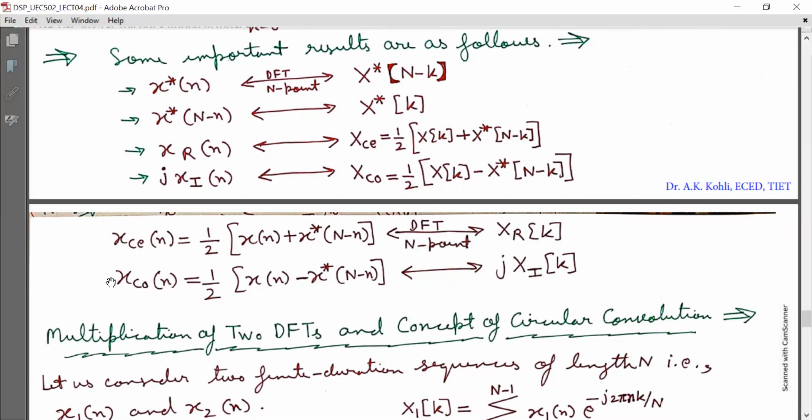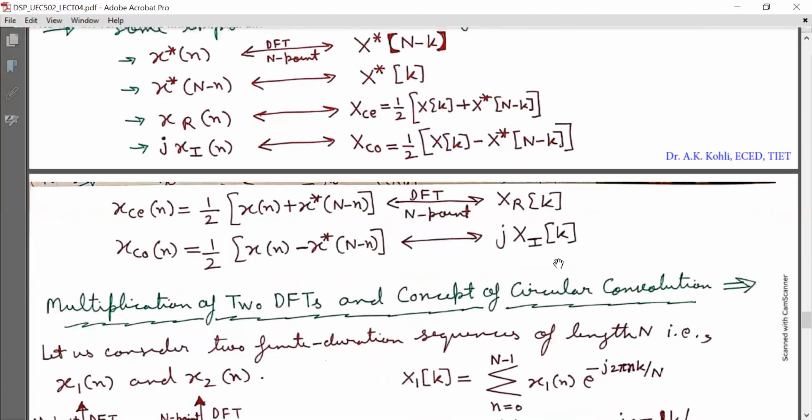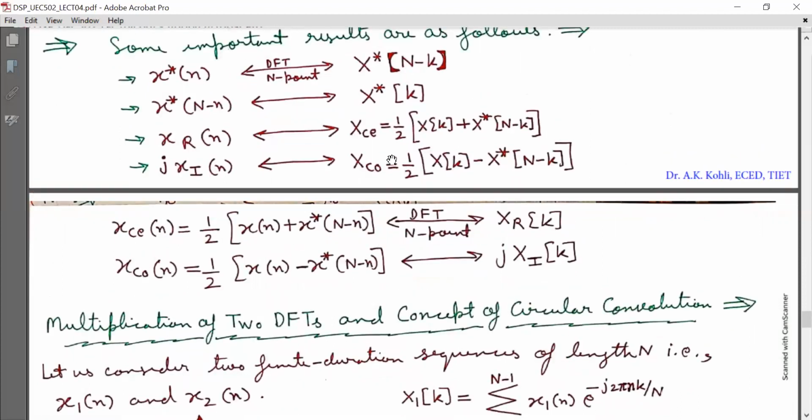And if I am having a conjugate odd sequence in discrete time domain, then its DFT will be iota capital X_I(k). So these are some properties which are used when we go for applications of DFT according to the situation or application.